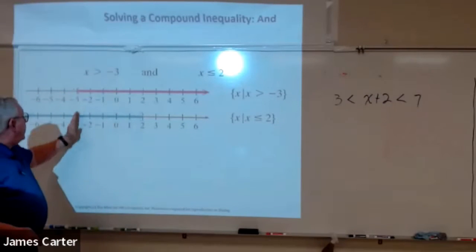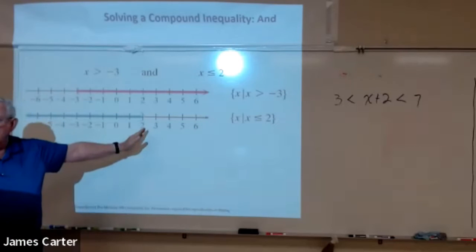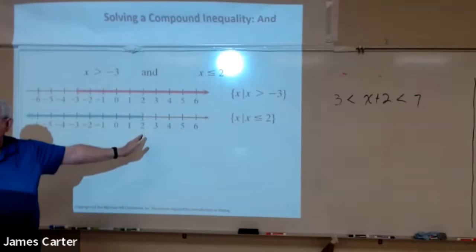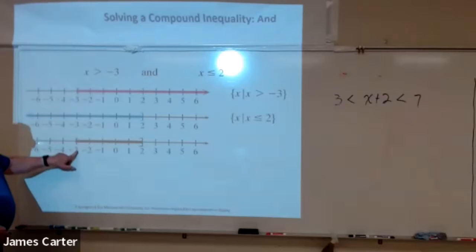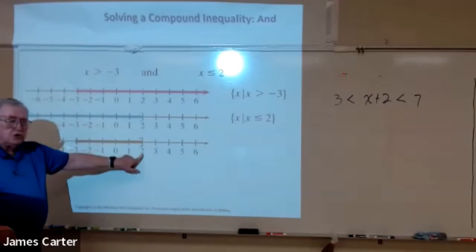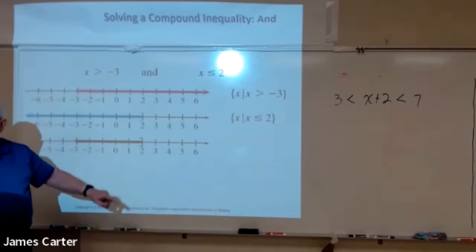Because this will create endpoints of the shared domain. So there's your shared graph. Now, the interval notation answer: -3 non-inclusive, comma, 2 inclusive, done.